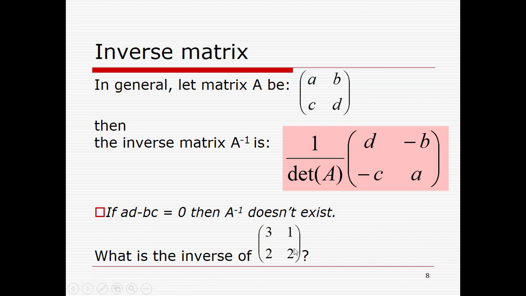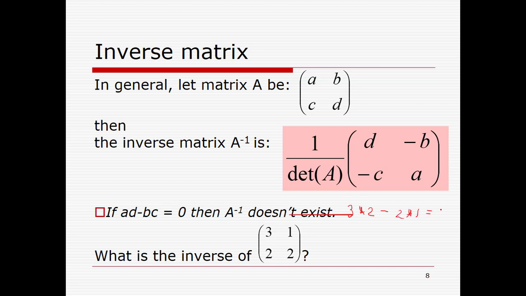So let's try this one. What is the inverse of 3, 2, 1, 2? Okay, let's first calculate the determinant. The determinant of this matrix would be 3 times 2 minus C times B, so 2 times 1.